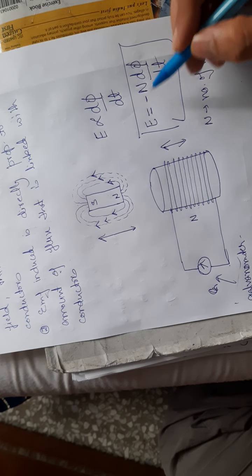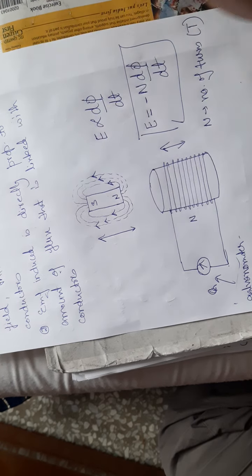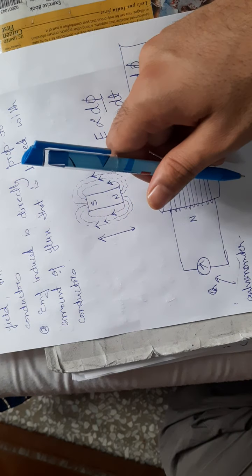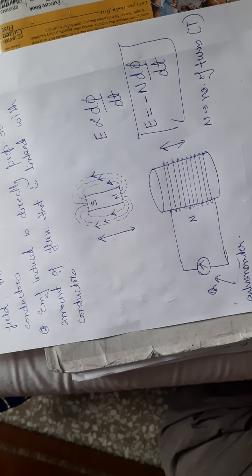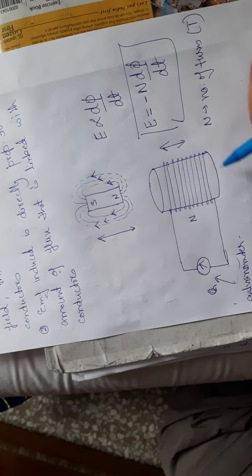That's why E is equal to minus N d phi by dt. When the magnet was stationary, EMF was 0. When the magnet was moved, there is a change in flux that cuts through these conductor coils, so an EMF is generated.